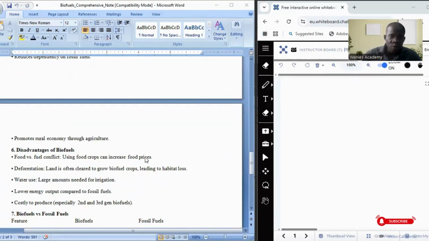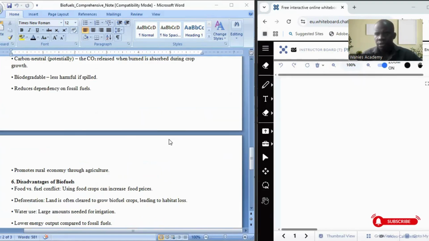Then water use, a large amount is needed for irrigation, and that can also affect the level of agricultural output. Then lower energy output compared to fossil fuel. The amount of energy generated from biofuel cannot be compared with fossil fuel. Then it is costly to produce, especially second and third generation biofuel. So very, very expensive. So these are the disadvantages of biofuel.